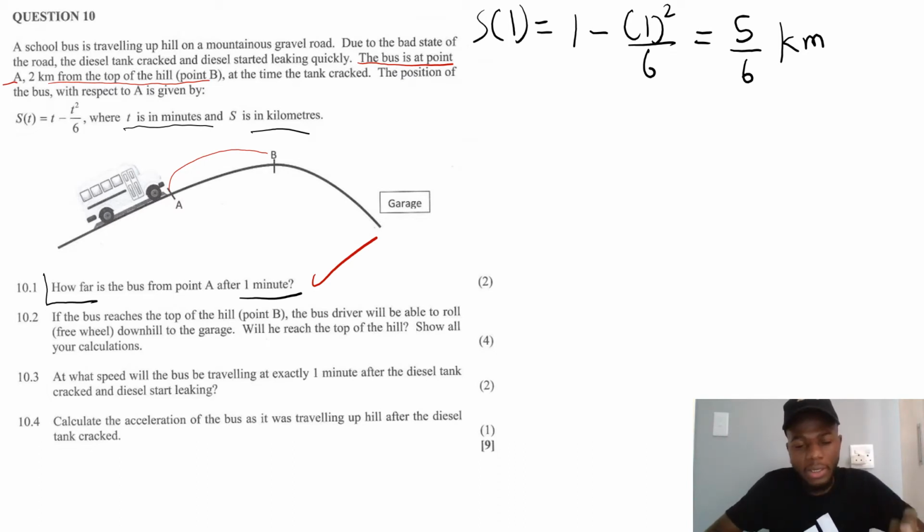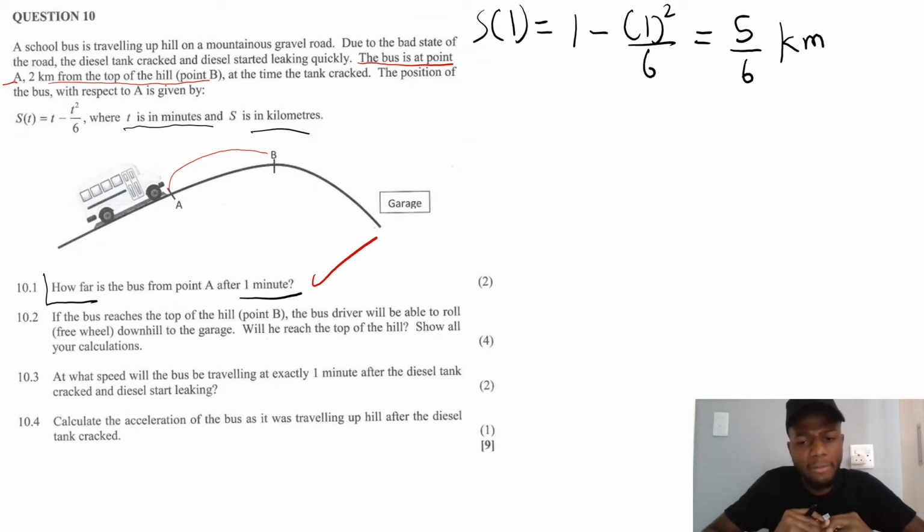I need you to notice something here. B is the maximum turning point. So we know at the maximum turning point the derivative is 0. In other words, we have to calculate the maximum distance, or the maximum length.